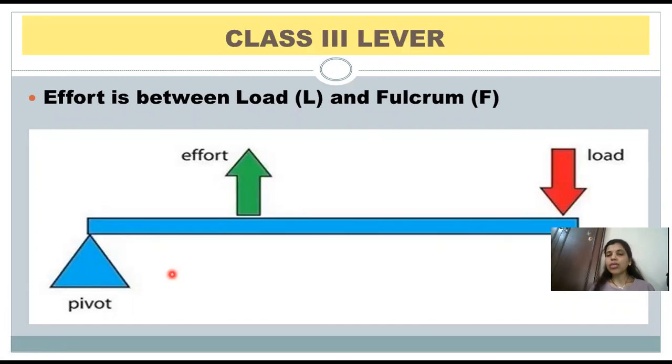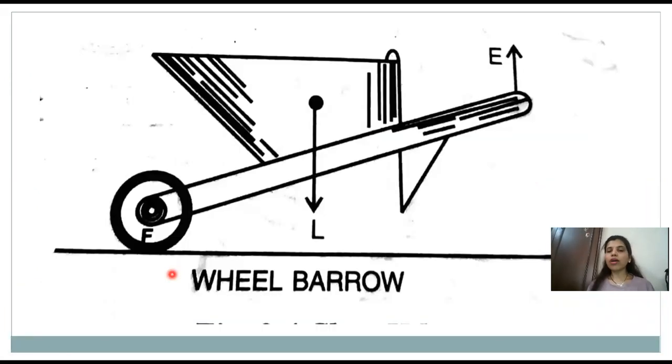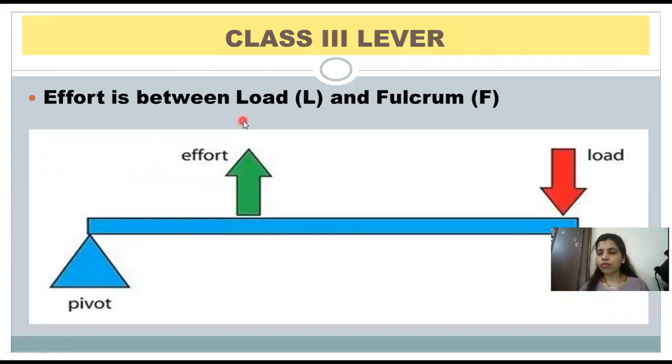Now we go to the next class of lever. So in next class of lever, so here you have to understand when you're talking with respect to class 2 lever, it is always, remember, acting like force multiplier. Okay, now we go to the next class of lever, class 3 lever, where effort is at the center. So you will understand from this figure that this is the effort arm.